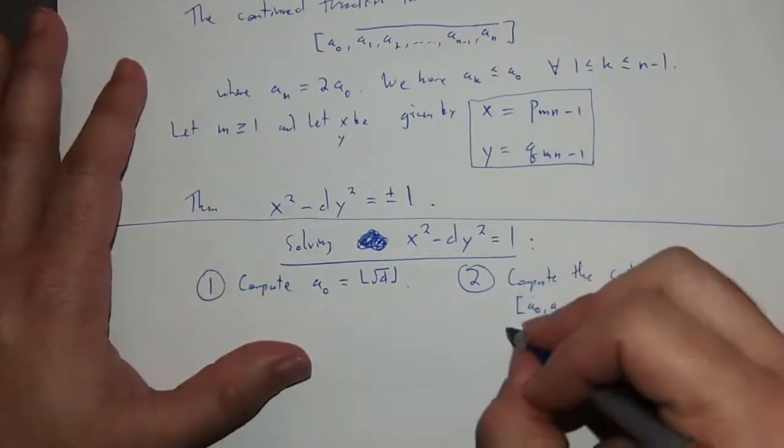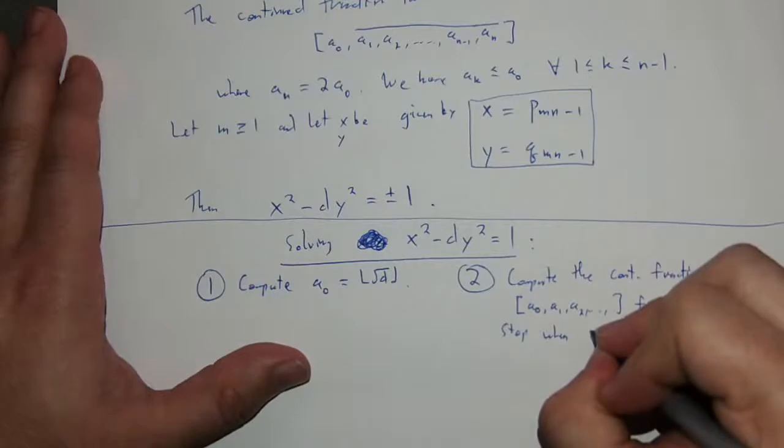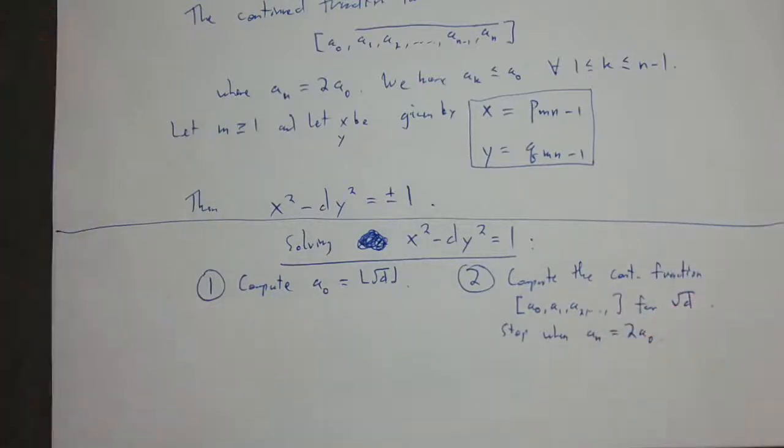And I stop when a sub n is equal to 2 times a naught. So I keep going until I get an entry that's twice my starting entry, my starting term.